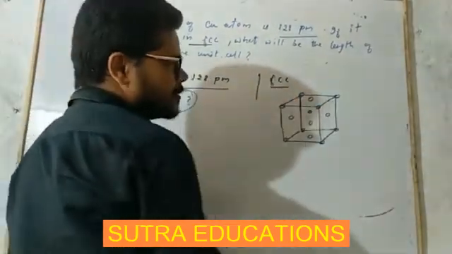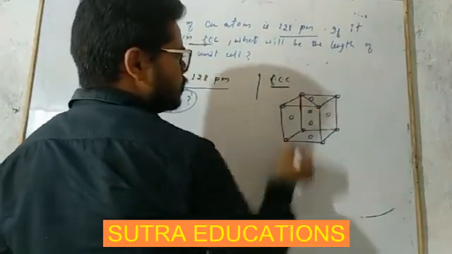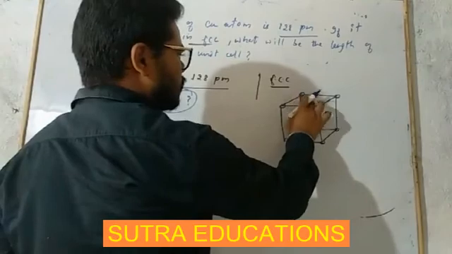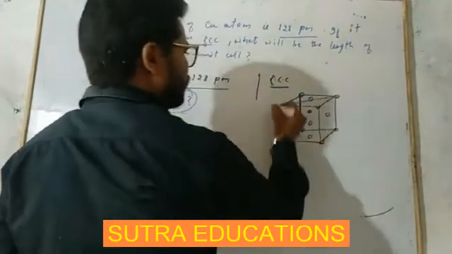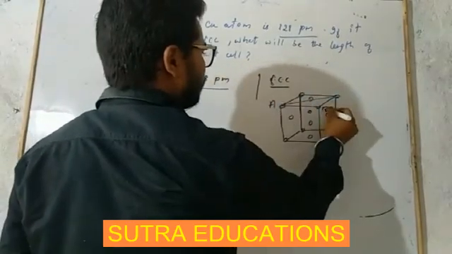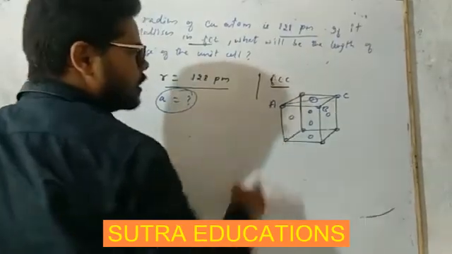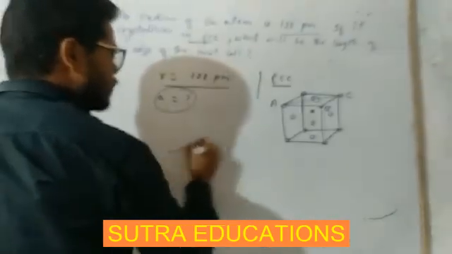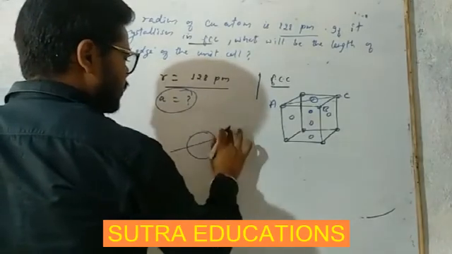If it is FCC, then we can say A, B, C. We are drawing a face diagonal AC.